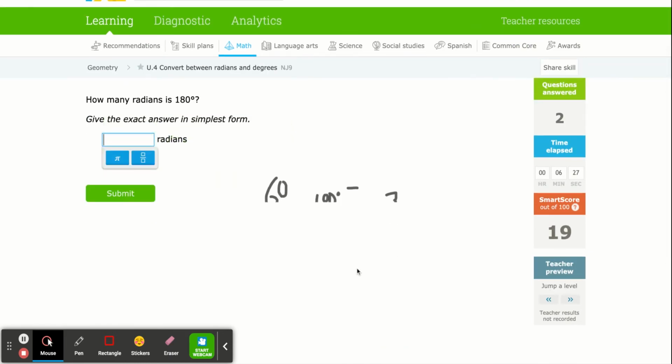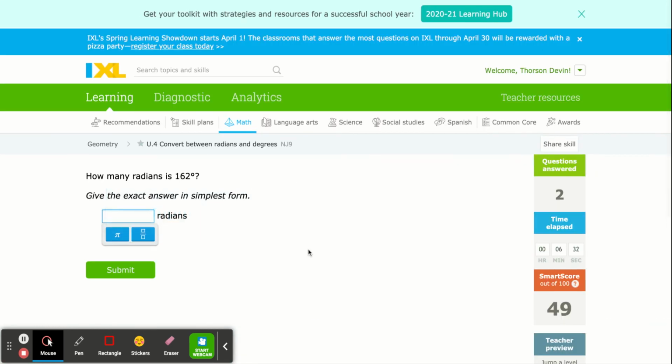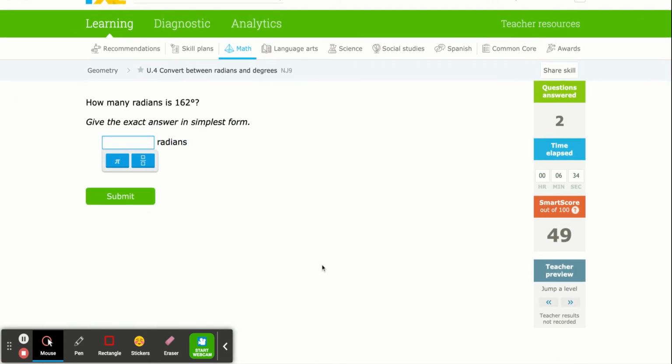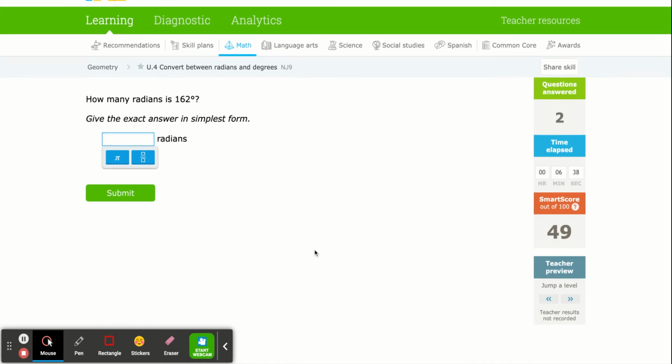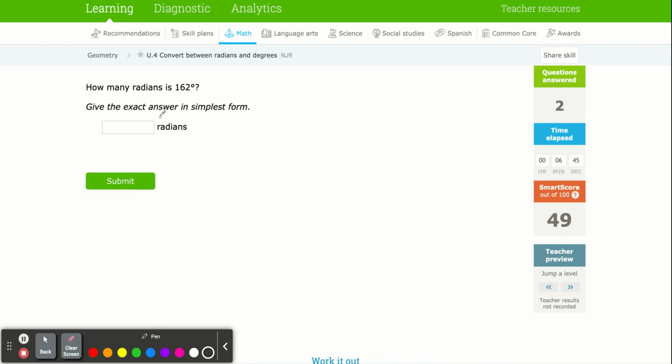The main reason I gave you this lesson is just to make sure you realize that there is a difference between radians and degrees, because when you are working with a calculator, you need to make sure your calculator is in the right mode. So now we're going from 162. It says give your exact answer. So again, it might be a little bit more confusing. 162 degrees times pi radians over 180. Okay, 162 doesn't go into 180, but they're both even.